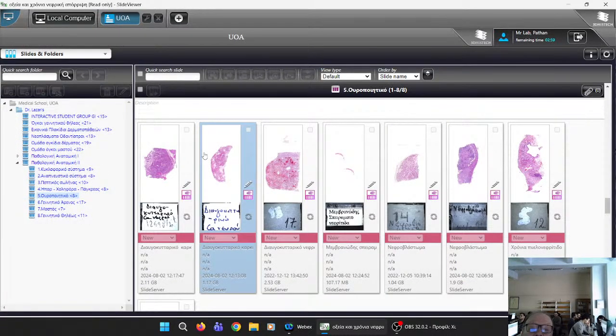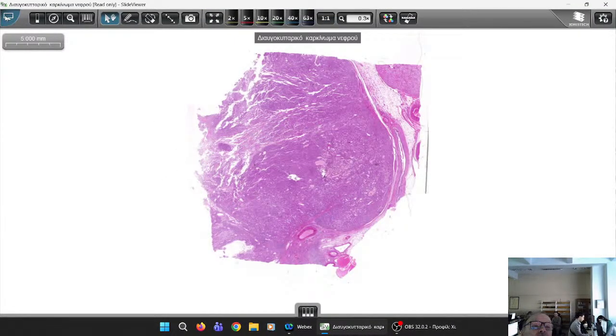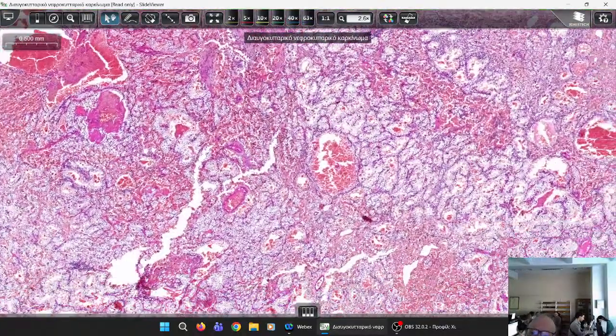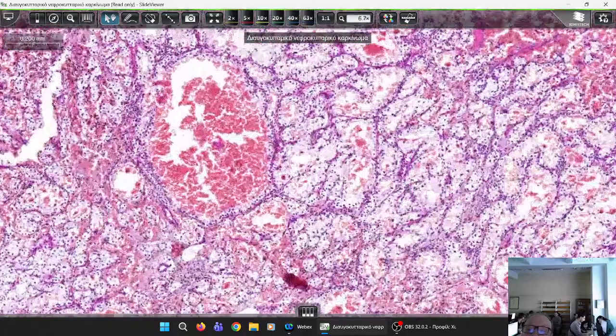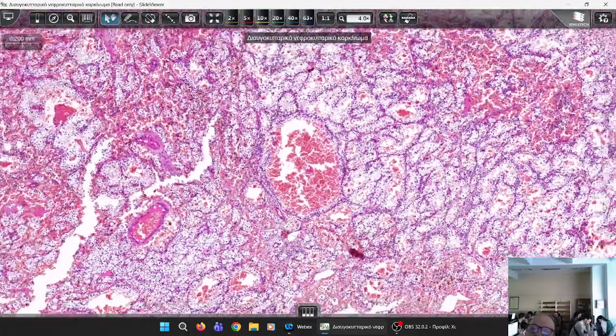Now, we have some tumors, 2 of them. This one is the clear cell carcinoma, renal cell carcinoma. Let's have a look at its main characteristics. Here it is, clear cells, crystal clear cytoplasm, and we have these complete fibrovascular septa separating the acini of cancerous cells one from the other.